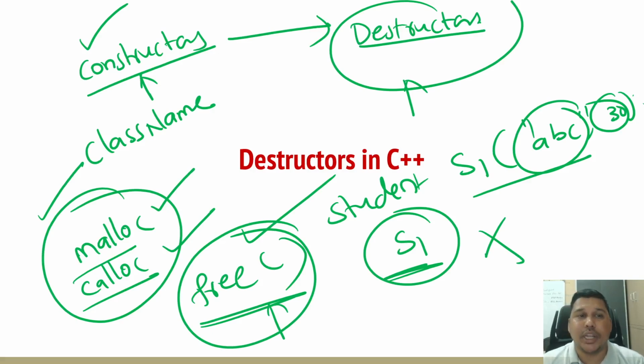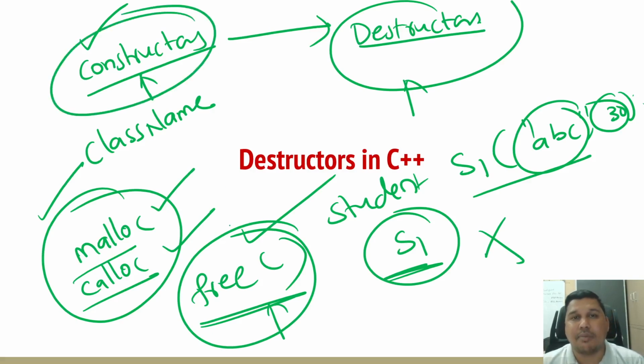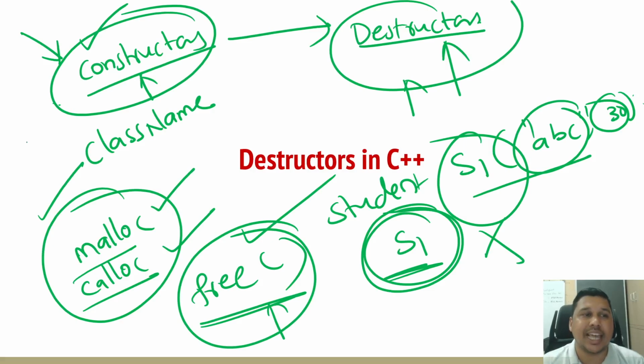Same way, when you use a constructor, whatever memory was allocated for this object S1 has to be deleted, and that will be deleted using the destructor. So the purpose of the destructor is just to delete the memory allocated to this object S1 with the help of constructors.